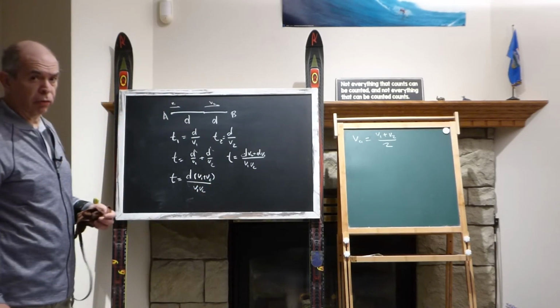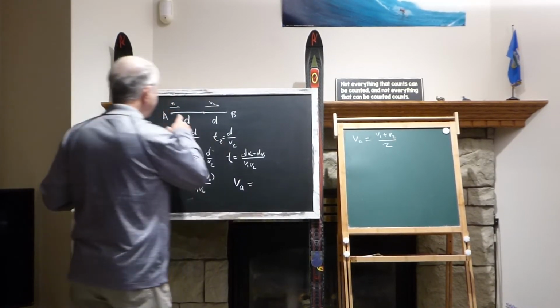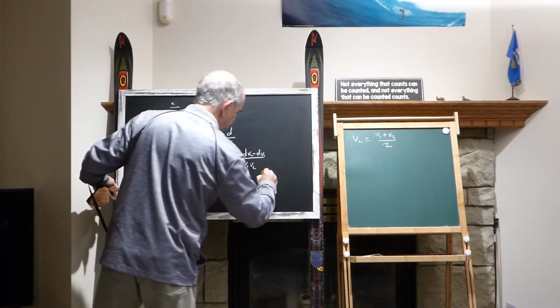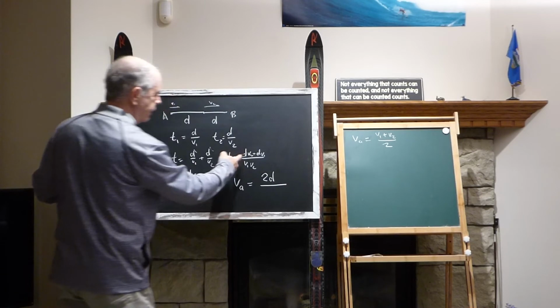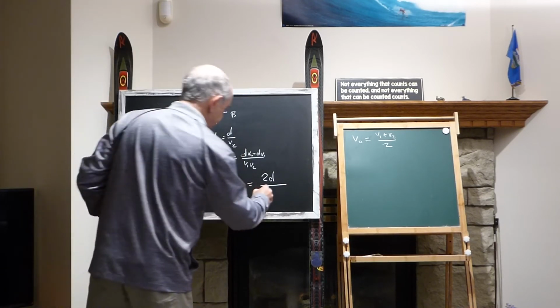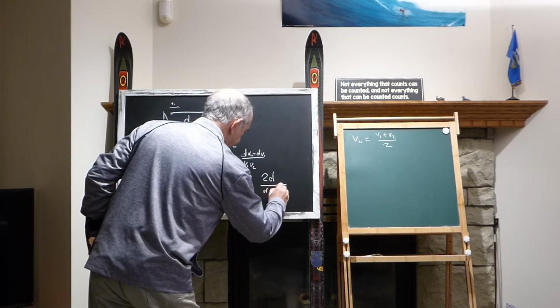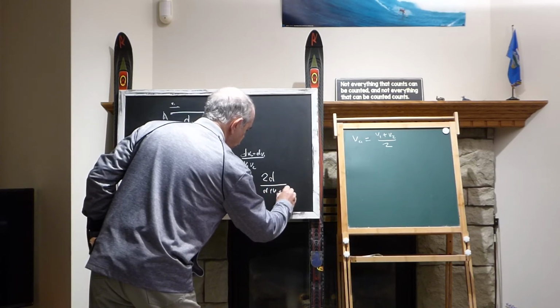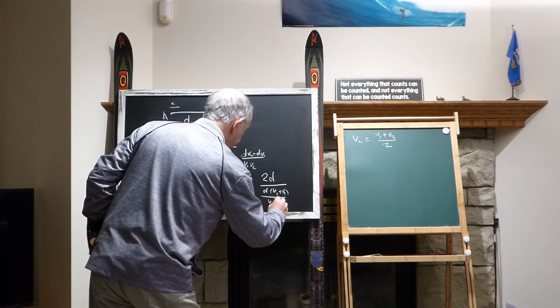And if we want to find the average speed in this case, we have to take total distance, which would be 2d, and divide it by this number. So when we divide it by d times v1 plus v2 over v1 v2.